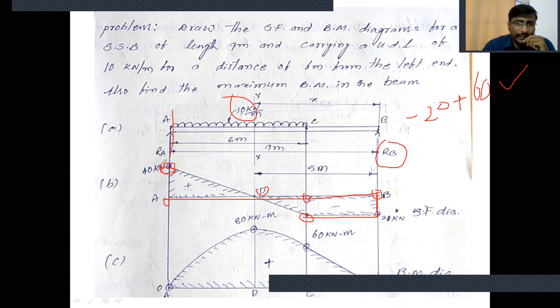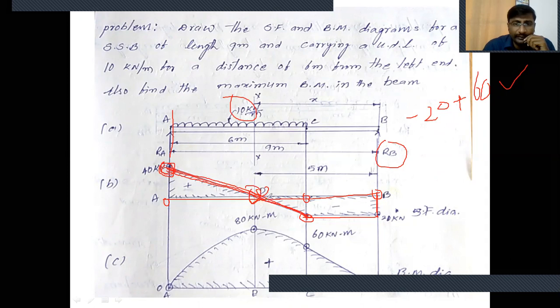Locate the 40 kilonewtons above the baseline and join this minus 20 with 40 kilonewtons by an inclined line, because if a UDL is acting between two points, then the shear force diagram is an inclined line. By joining these 2 points, we can get the zero shear force point at a certain location.